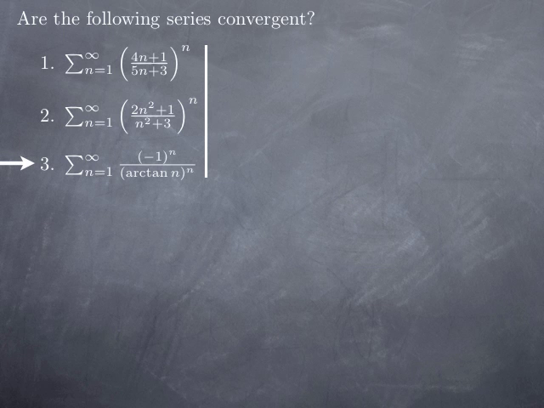For the third example, we have an alternating series, but we can conclude about the absolute convergence using the root test. As you have seen, the root test is a criterion of absolute convergence. If I look at the nth root of the absolute value of a_n, then I can drop the (-1)^n. I get 1 over the absolute value of arctangent n, which is really just arctangent n, because arctangent is positive for positive values of x.